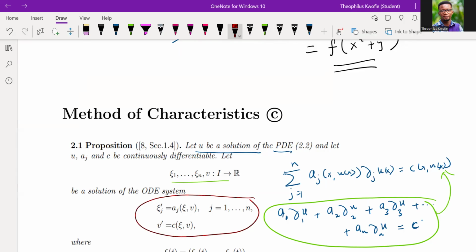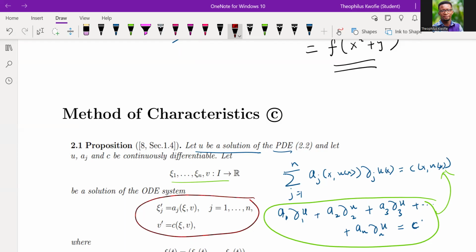Remember that A_j is composed of X and U of X. A_j has coordinates X and U of X. So over here we have A_j to be that. Remember that Xi1 up to Xi n are just solutions of these ODEs, and V is also a solution of the given ODE.